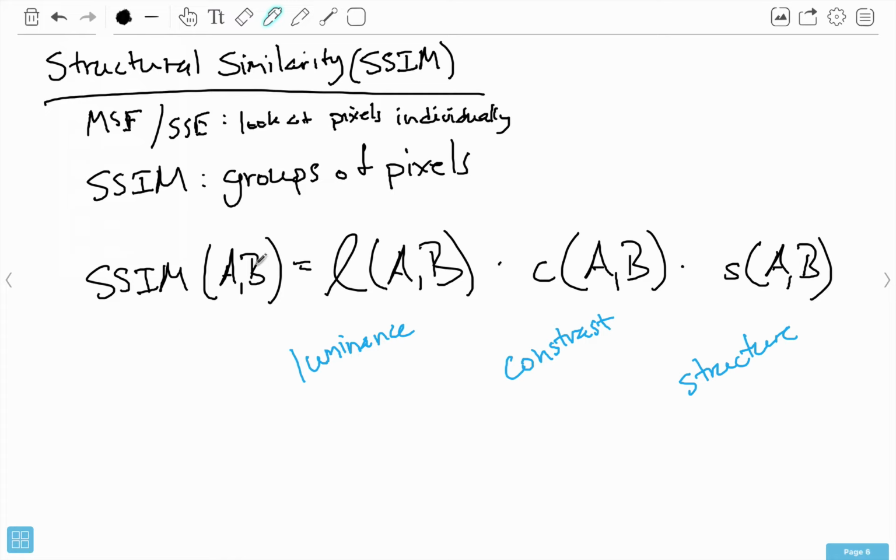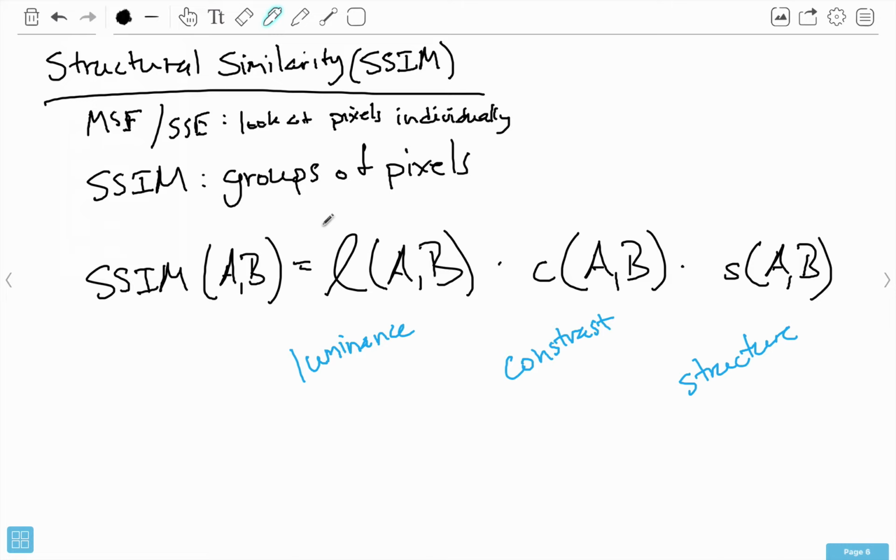But it turns out that when you look at groups of pixels, you get a better representation of the image, and subsequently a better representation of the difference between images, than when you look at just an individual pixel.